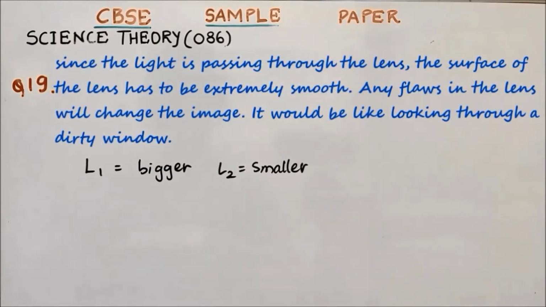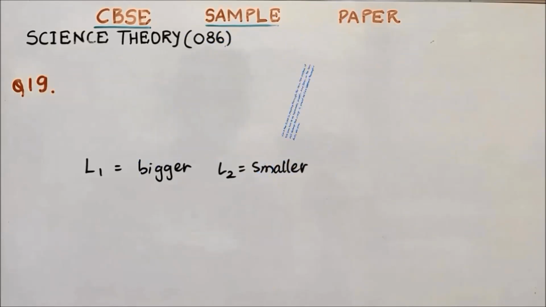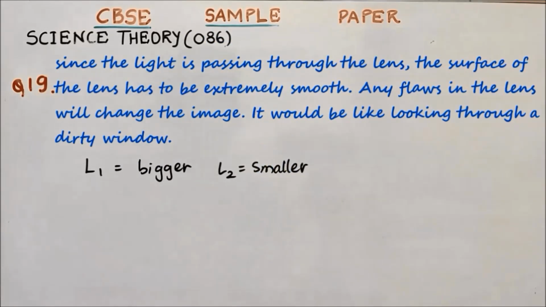Since the light is passing through the lens, the surface of the lens has to be extremely smooth. Any flaws in the lens will change the image. It would be like looking through a dirty window. If the lens is not smooth, then the image you are seeing won't be clear. So that was your paragraph.